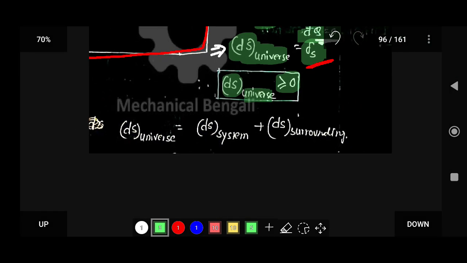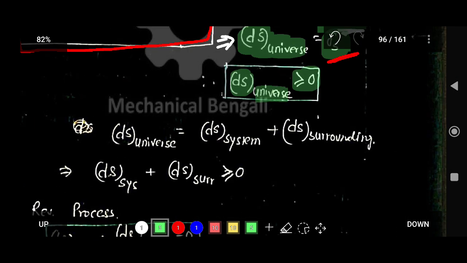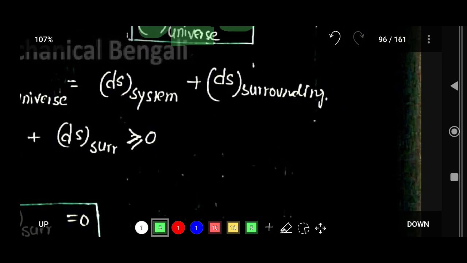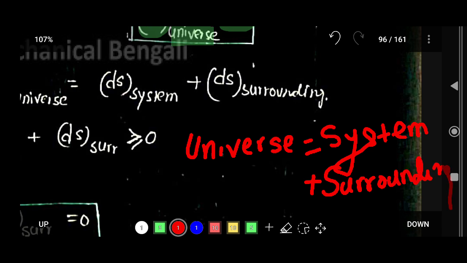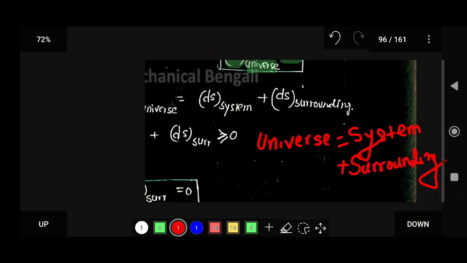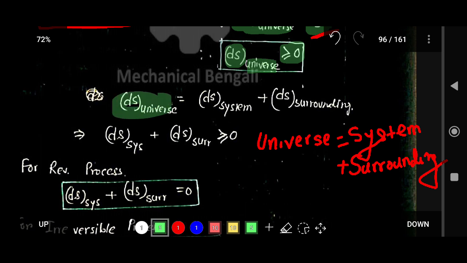Okay, and we know that the universe is equal to system plus surrounding. So from here you can see that dS universe is equal to dS system plus dS surrounding.